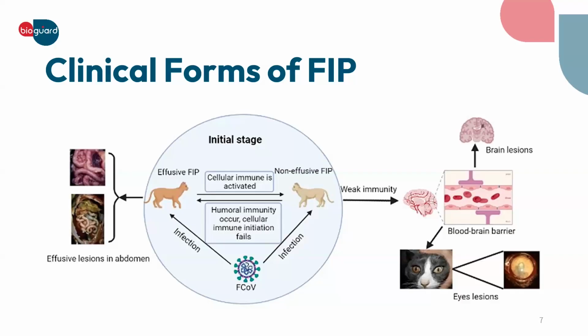The monocytes present in the blood try to cut the barrier, which is known as the blood-brain barrier. And when these immune cells have difficulty reaching the brain, at that point, the virus is able to cut this barrier and enter into the brain as well as the eye.